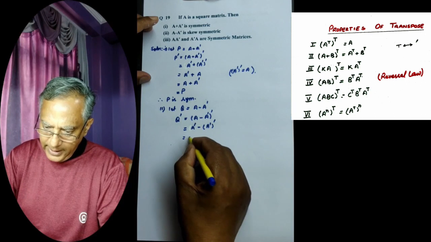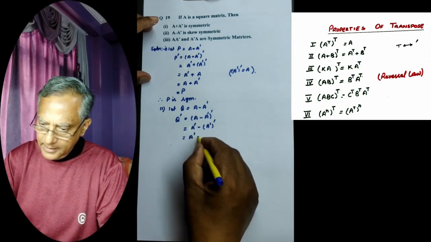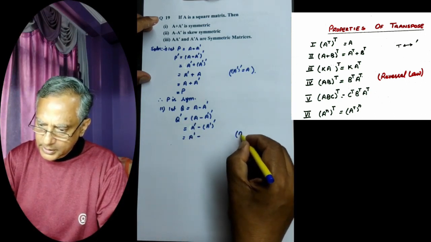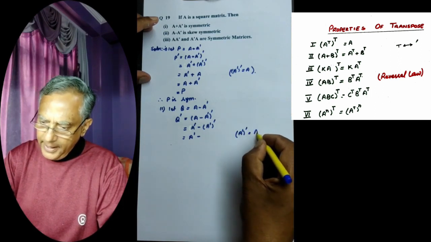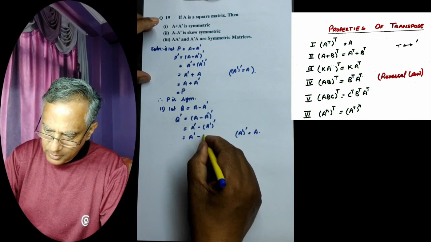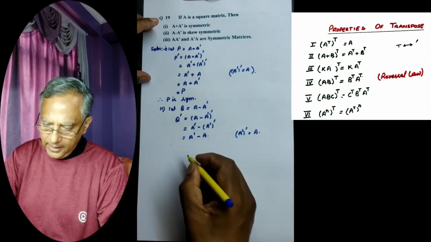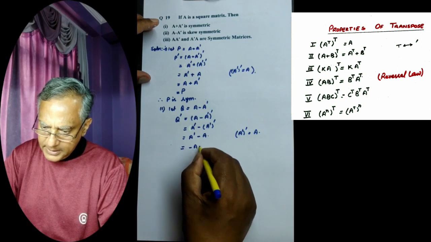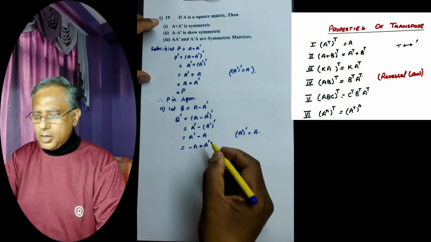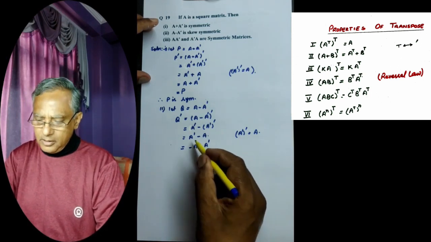So this is equal to A transpose minus, and we again use the same result, A dash dash is A. So this must be equal to A dash minus A, and this can be written as minus A plus A dash, because matrix addition is commutative.